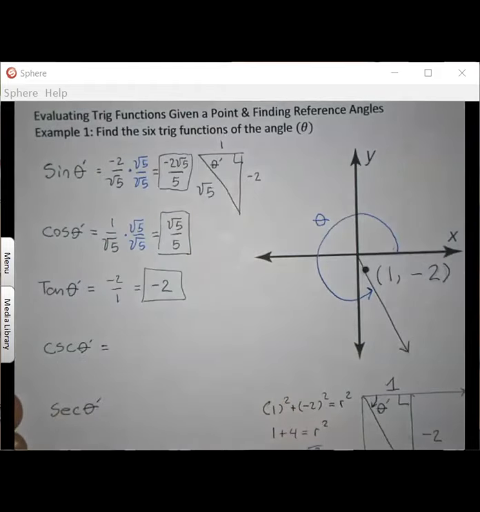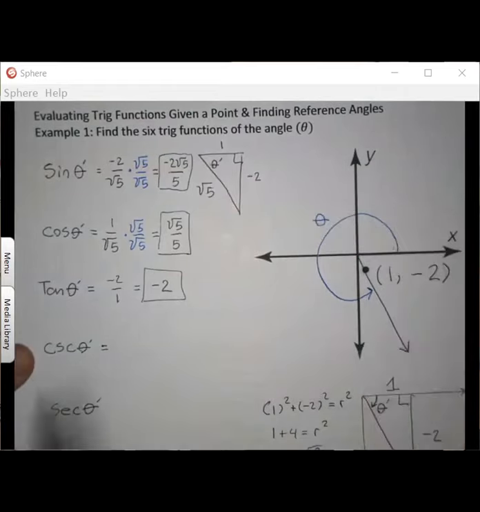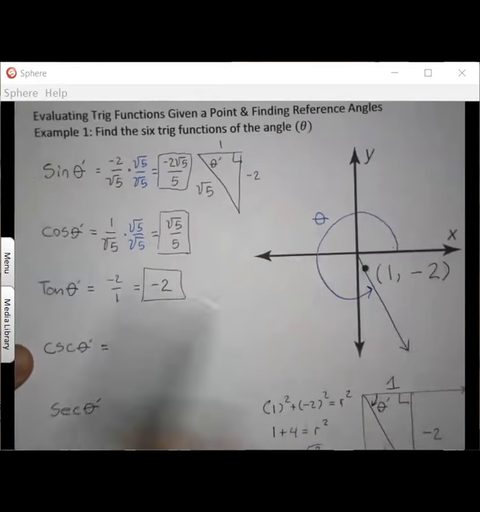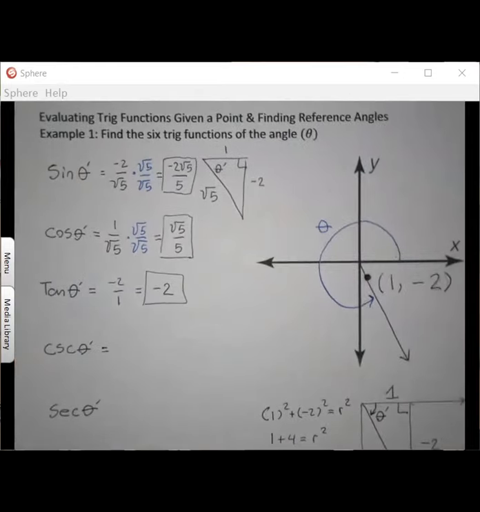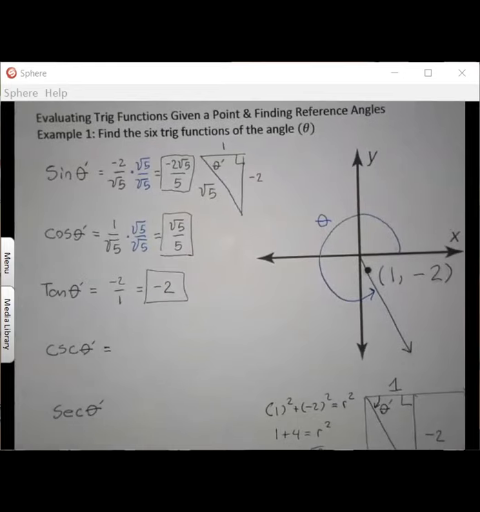So cosecant, hypotenuse over opposite. Cosecant is related to sine. We will talk more about that on another problem.